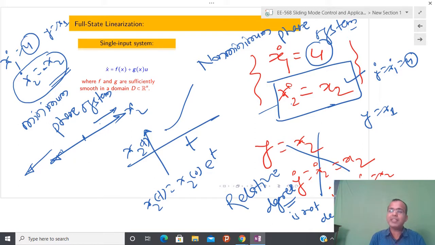In some cases, if you express your system in terms of the output and its higher derivatives, then some part we are unable to capture. So forcing the output and its higher derivatives equal to 0, whatever remaining part is called either minimum phase or non-minimum phase. If that is stable, it is called minimum phase. If that is not stable, it is called non-minimum phase.